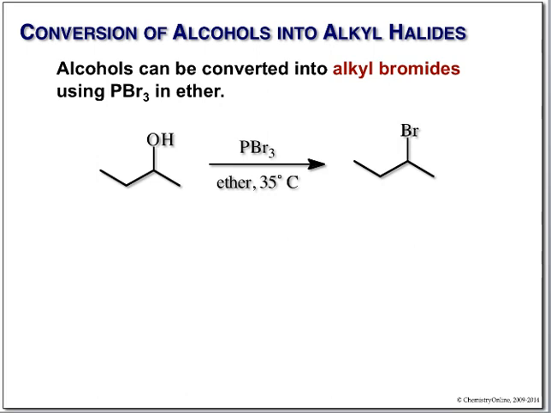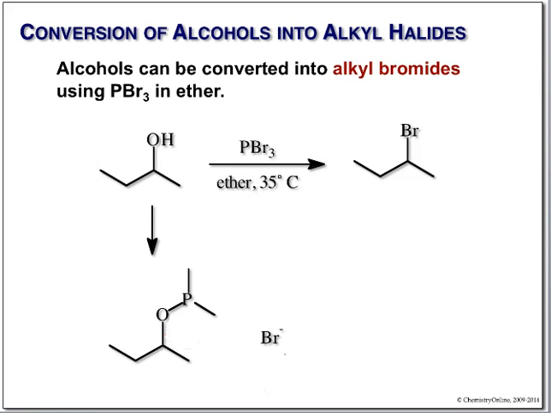What happens is the oxygen is going to attack the phosphorus. When it does, we wind up with a phosphorus ester. Now, what we have done here is convert the OH, which is a lousy leaving group, into this phosphite ester, which is a very good leaving group.